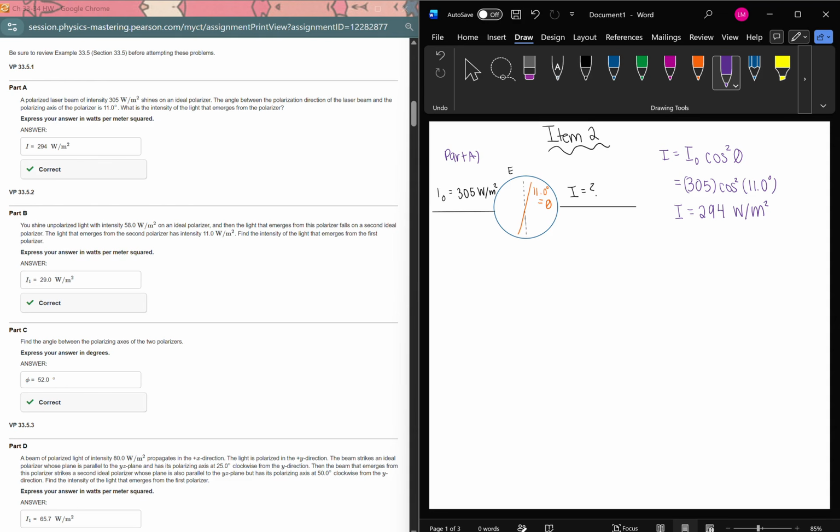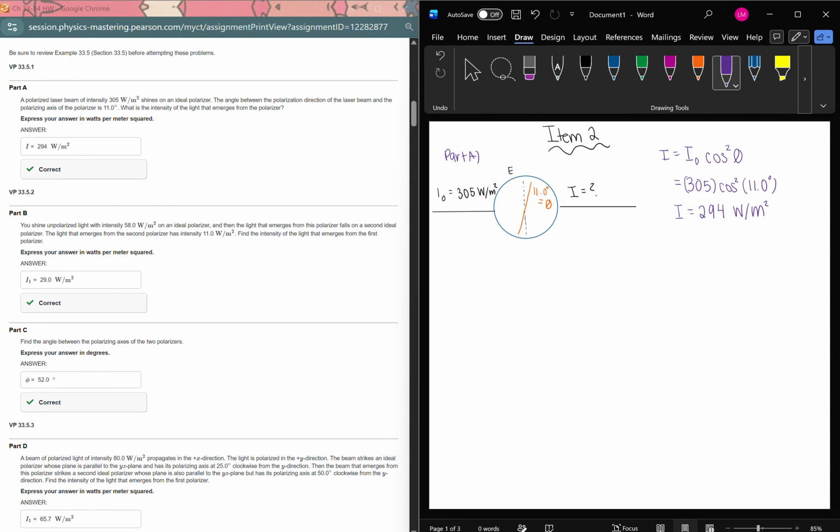Okay, so the final answer is the intensity of the light emerging from the polarizer is 294 watts per meter squared. And the reason why the intensity decreased is because the polarizer only allows the component of the electric field that is parallel to the transmission axis to pass through.